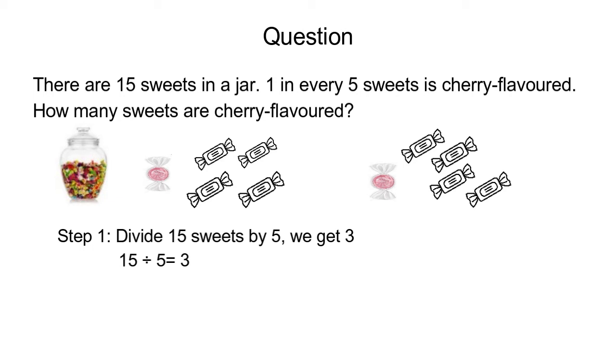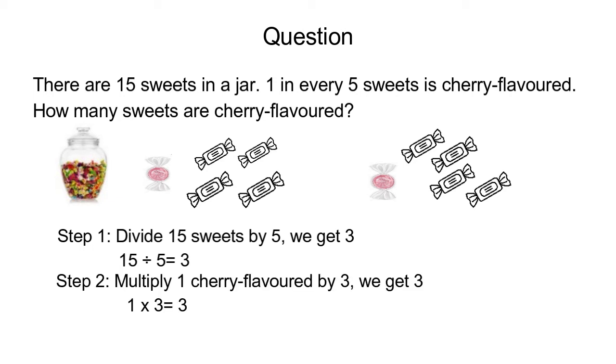So we get 3. Next, we multiply 1 cherry flavor sweet by 3. So we get 3. So, there are 3 cherry flavor sweets.